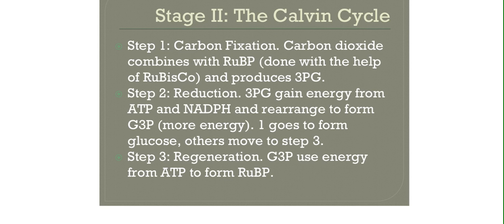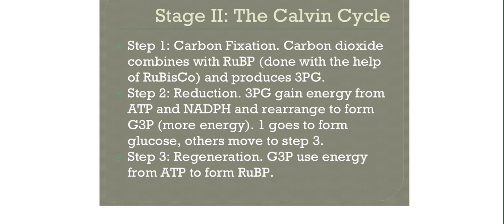So the G3P that was created thanks to that rearrangement goes on to create glucose, and some of it also stays behind to move on to step 3. So there are 2 ways that these G3Ps can go. Some will go on to make glucose, and then others will go on to step 3, which is known as regeneration.